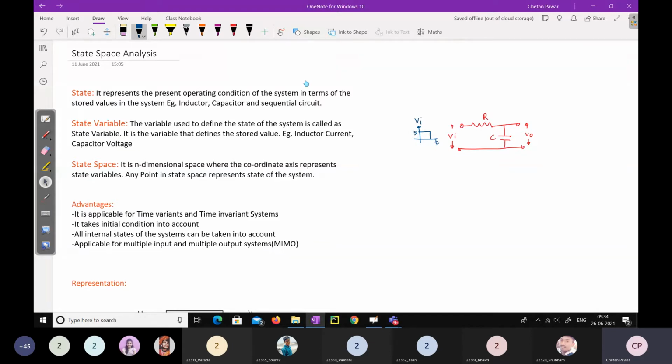As you know, the output voltage is equal to the voltage across the capacitor. When you apply a pulse, depending on the system time constant, that is the RC value, I will get output like this.